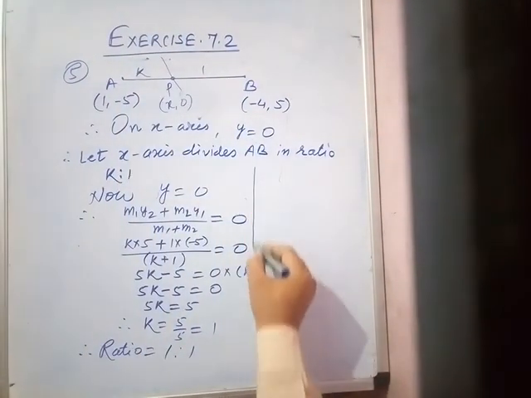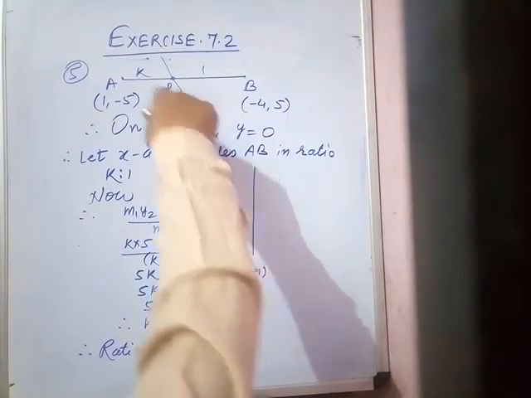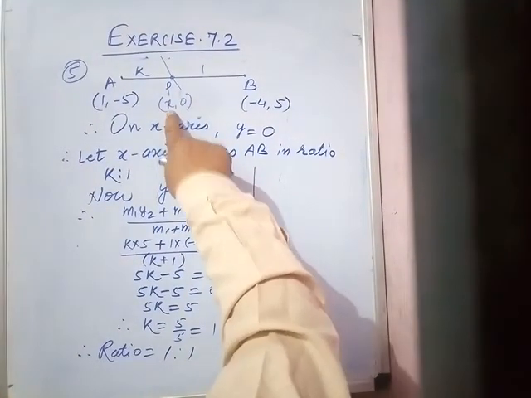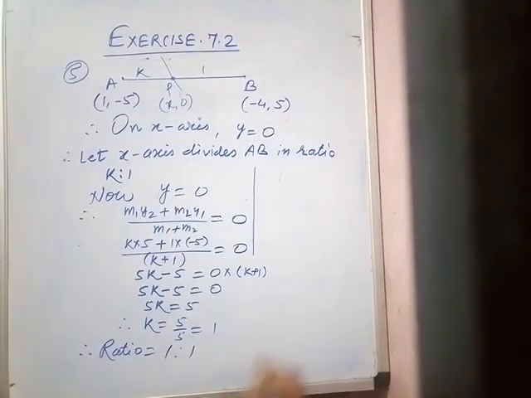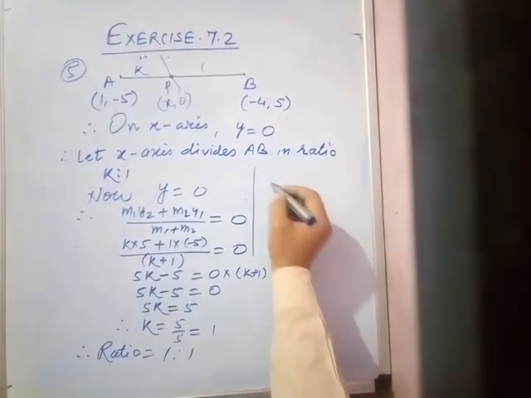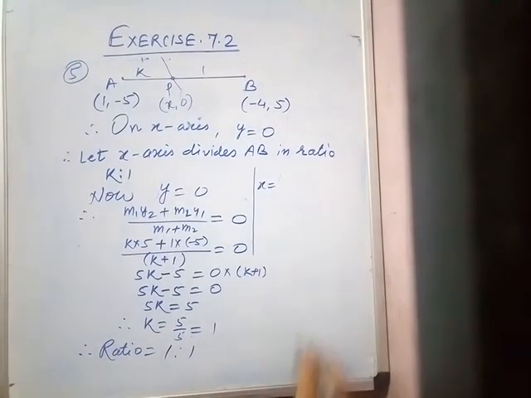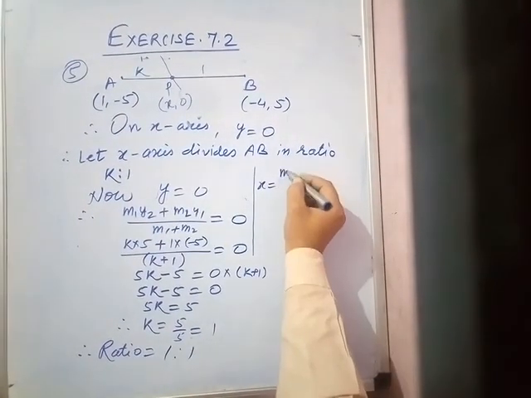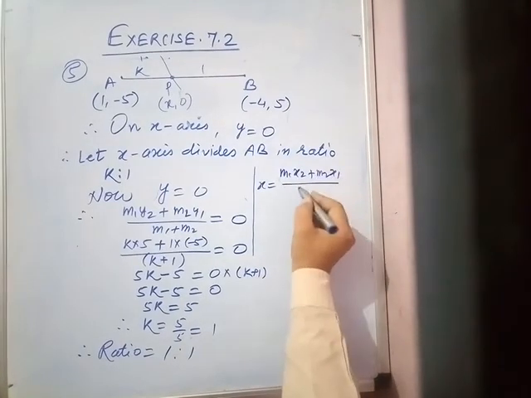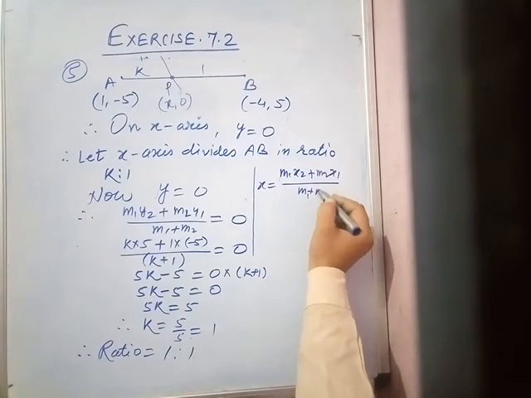Now we have to find the coordinates of P also, meaning we have to find its x coordinate. So here the value of k is 1. So x equal to (m1x2 plus m2x1) upon (m1 plus m2).